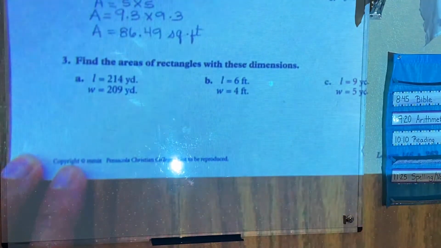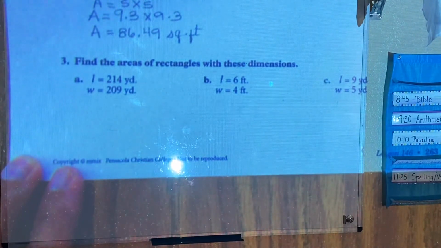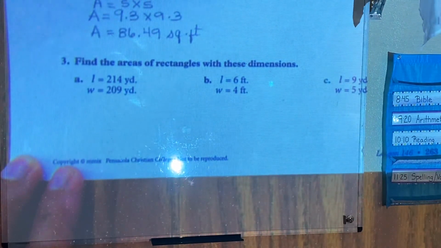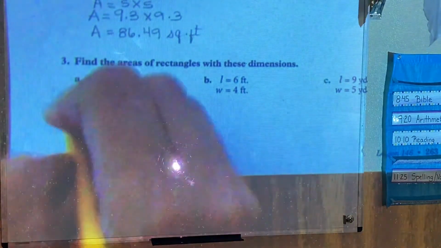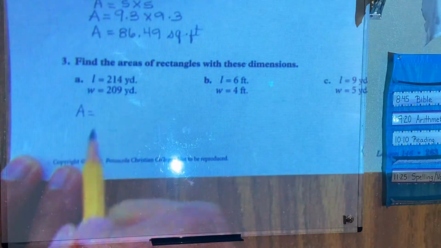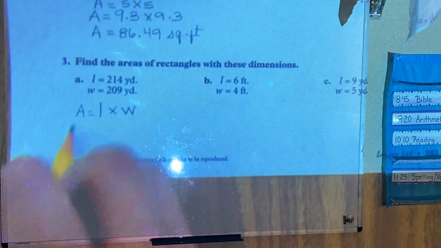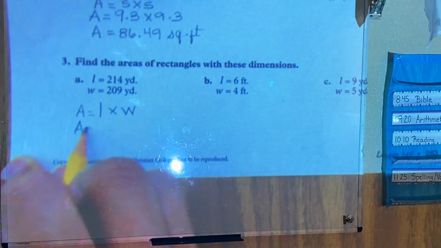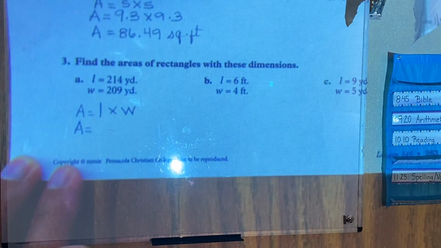Let's look at number 3, letter A. It says find the areas of rectangles with these dimensions. Thinking back, the formula for the area of a rectangle is area equals length times width. I have told you before that the length is always going to be the larger number.